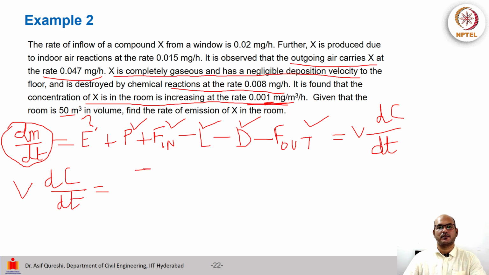So it is V, which is 50, and I'm going to write the units so that it's easier for us to follow, meter cube, multiplied by dC by dt, so it is 0.001 mg per meter cube per hour.